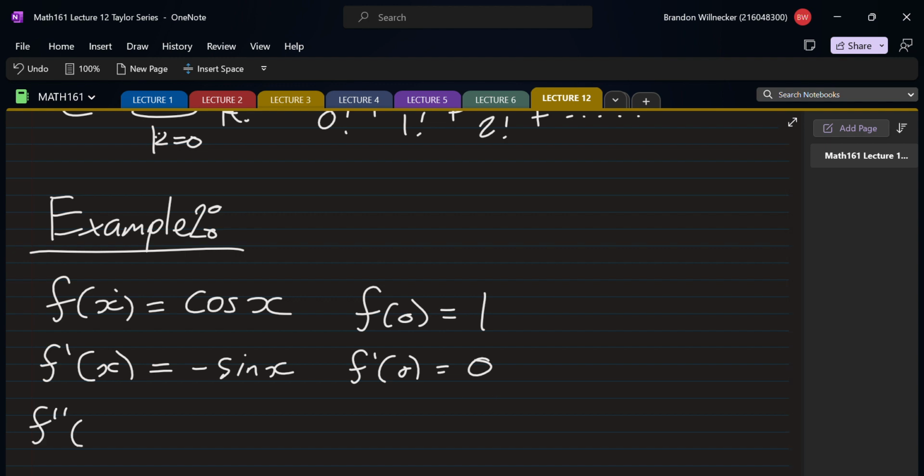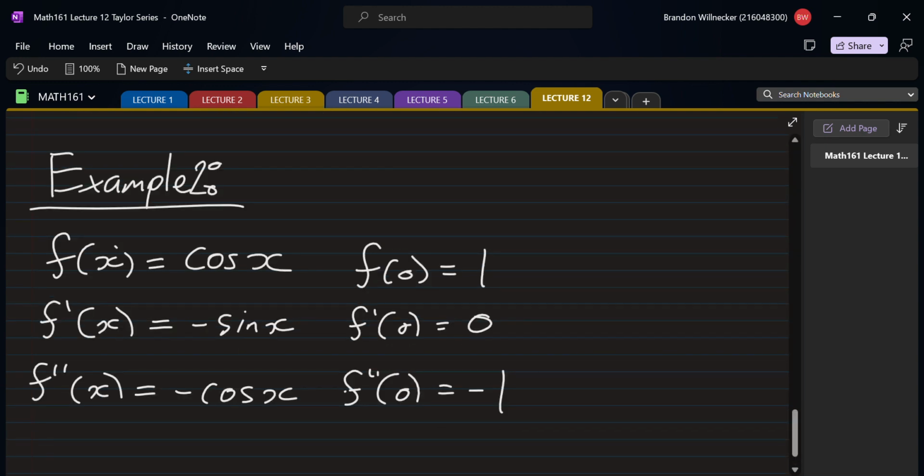We can take the second derivative. The derivative of sine is cosine, but we have the minus, so minus cosine x. The double derivative at 0 will be minus 1. You can find a few more derivatives, but we always have this cycle of 1, 0, minus 1, 1, 0, minus 1, and so on.